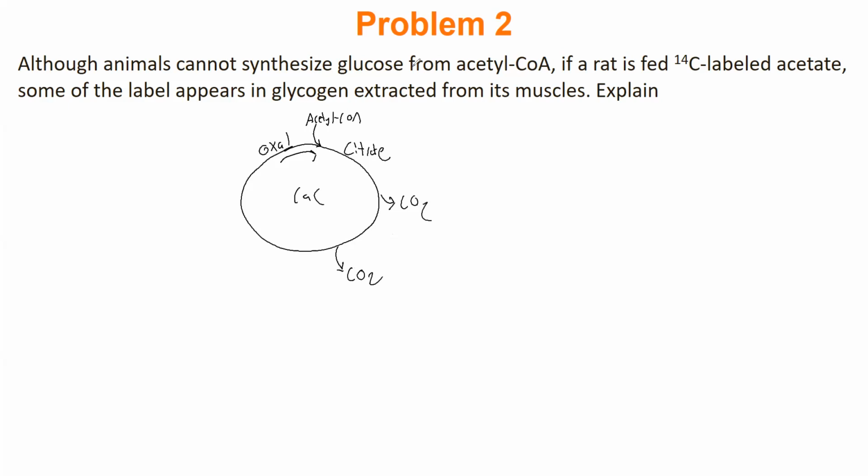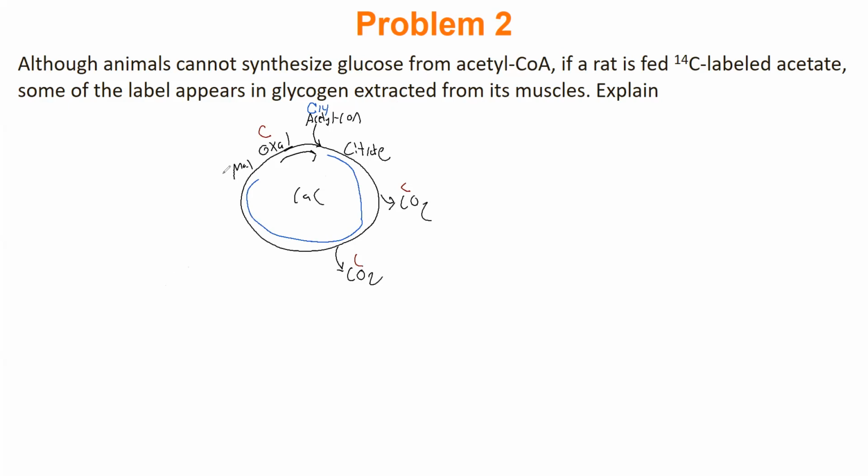Now, the C14 that we're talking about is coming in on this step. So C14 is here, and it can be fed in. The CO2 is from our original oxaloacetate. So we lose a CO2 from here, we lose a CO2 from here, but we still have C14. That's not lost yet. So that theoretically can go all the way until you hit malate or oxaloacetate, either one.